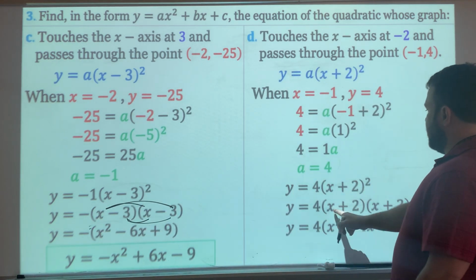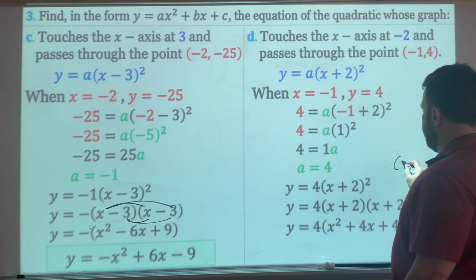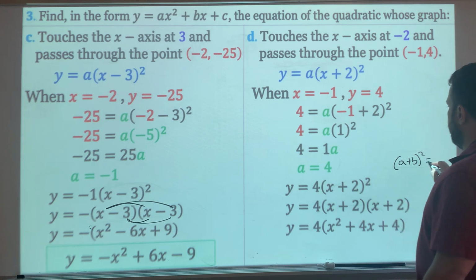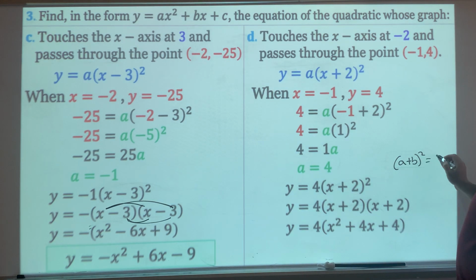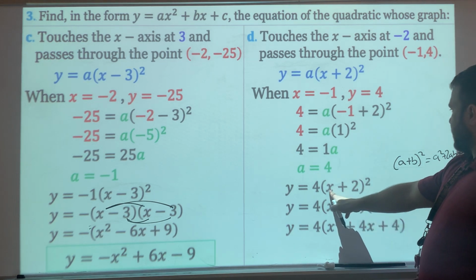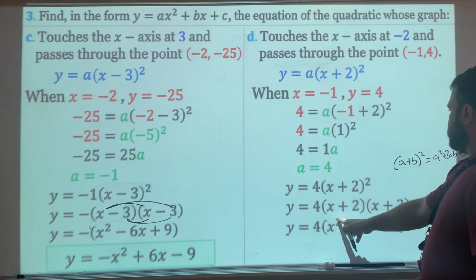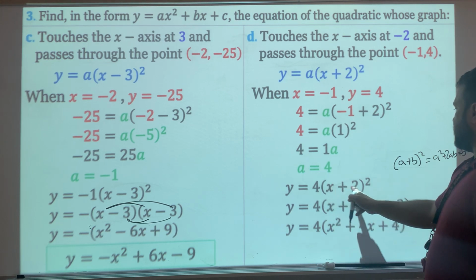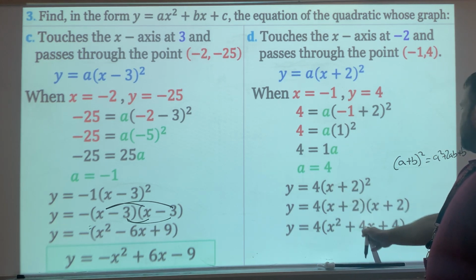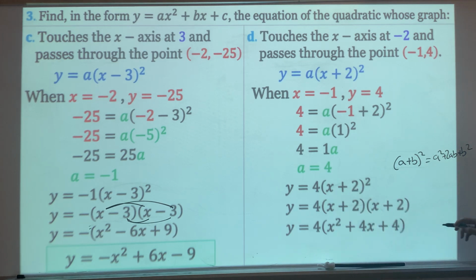What I'm saying is, for perfect squares, if you have a plus b, squared, what this equals is a squared plus 2ab plus b squared. So x squared, 2 times x times 2 is 4x, plus 2 squared is 4. So you can use this formula if you want.